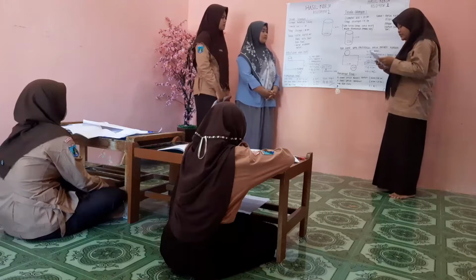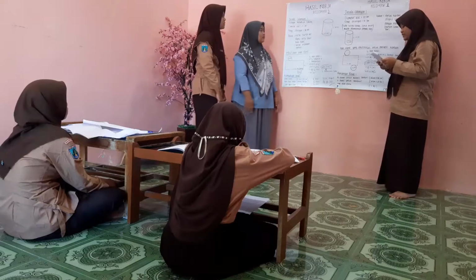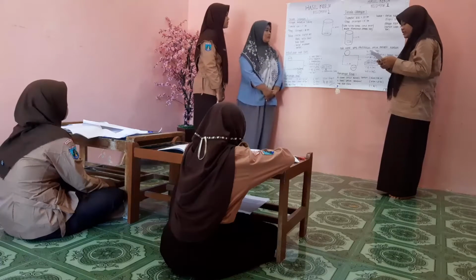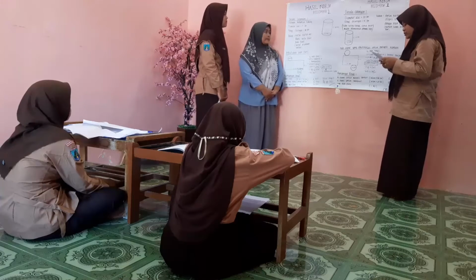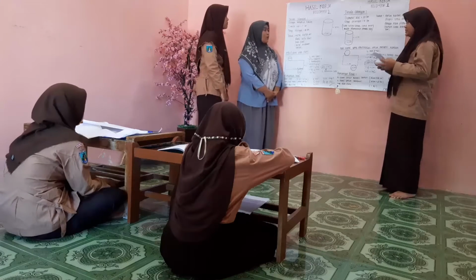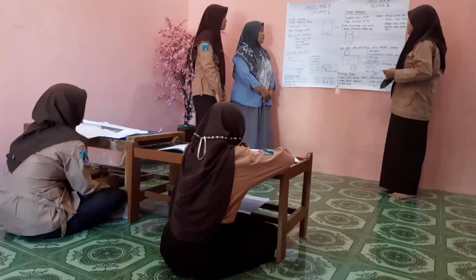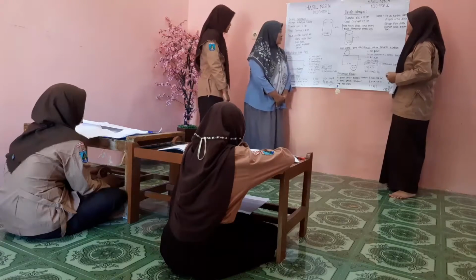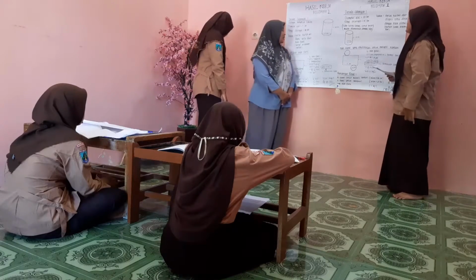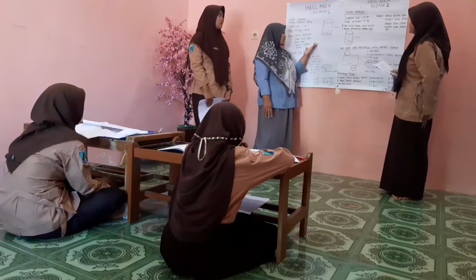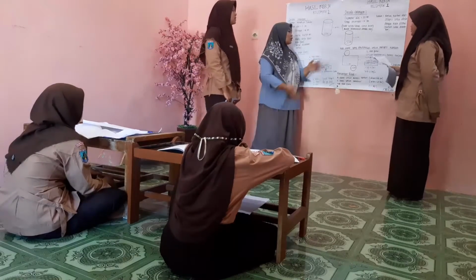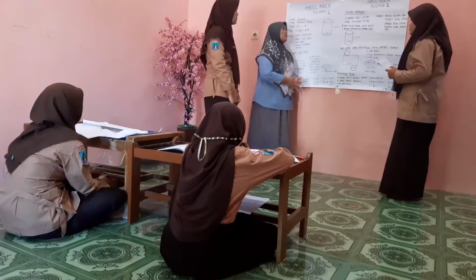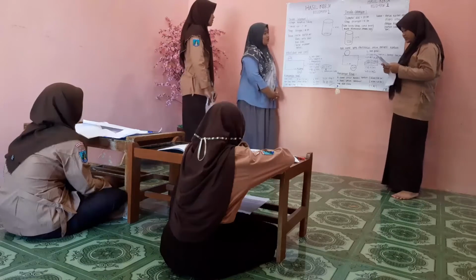We chose a different design size, ma'am. According to my group, the size of the first group is too small and too tall. Oh, so you chose a different size because you think that the first size is too tall and too small. Okay, let's continue.